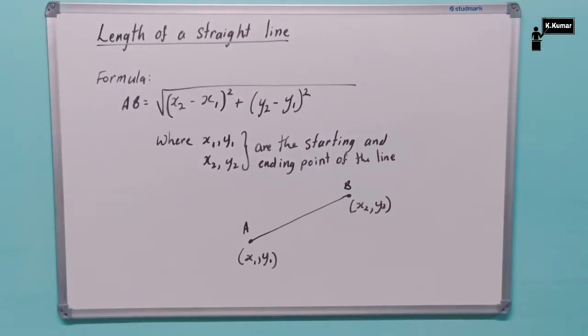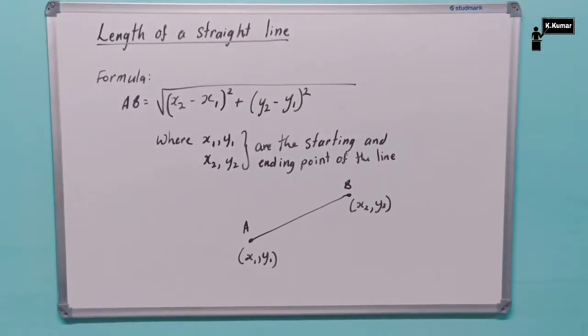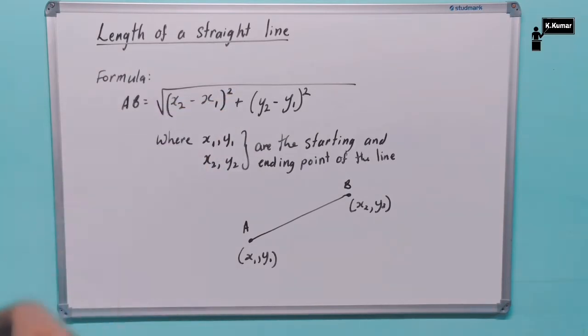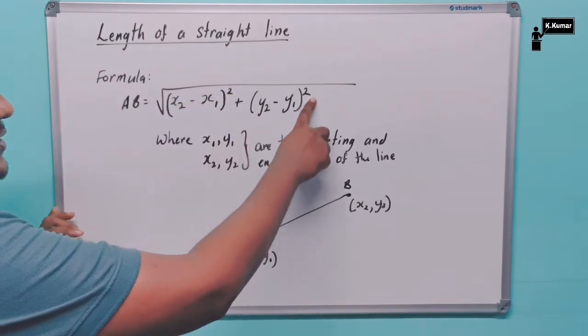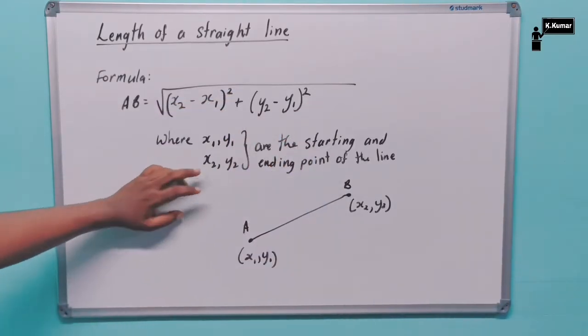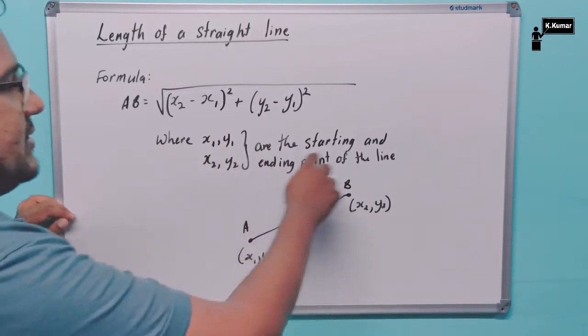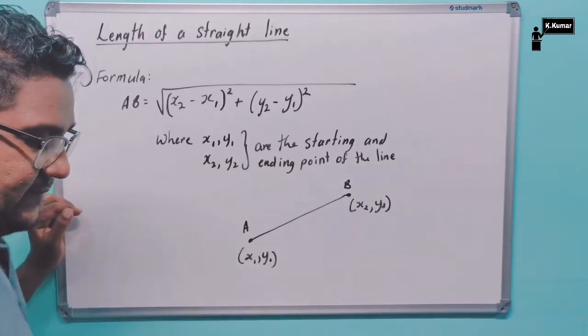The first thing we're going to be looking at is the length of a straight line. Now you have the formula there. AB is equal to the square root of (x2 minus x1) all squared plus (y2 minus y1) all squared, where x1, y1 and x2, y2 are the starting and ending points of the line.